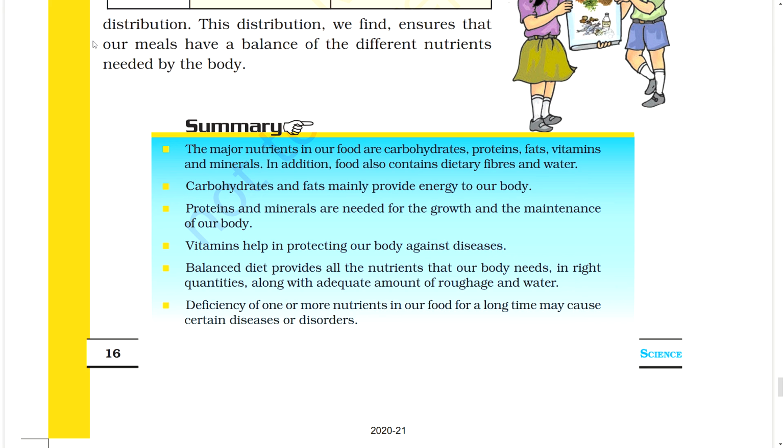Vitamins help in protecting our body against diseases. A balanced diet provides all the nutrients that our body needs in right quantities, along with adequate amount of roughage and water. Deficiency of one or more nutrients in our food for a long time may cause certain diseases or disorders.